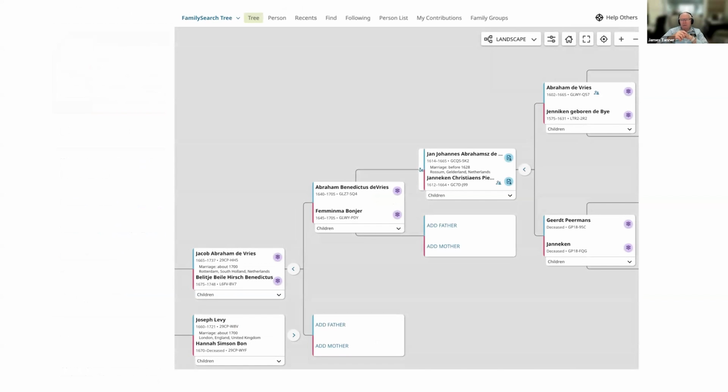And if it does, it would be going back on this line. You can see that it's possible that it's consistent and that these are the places that they lived. And if it isn't, then perhaps the connection was broken back here with Abraham Benedictus de Vries in 1640.